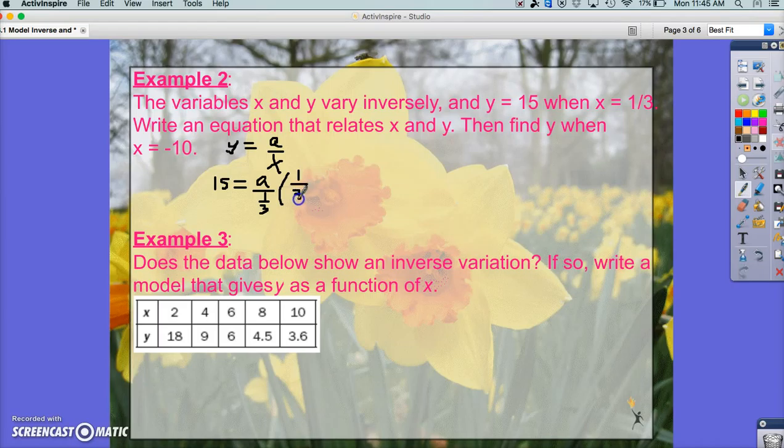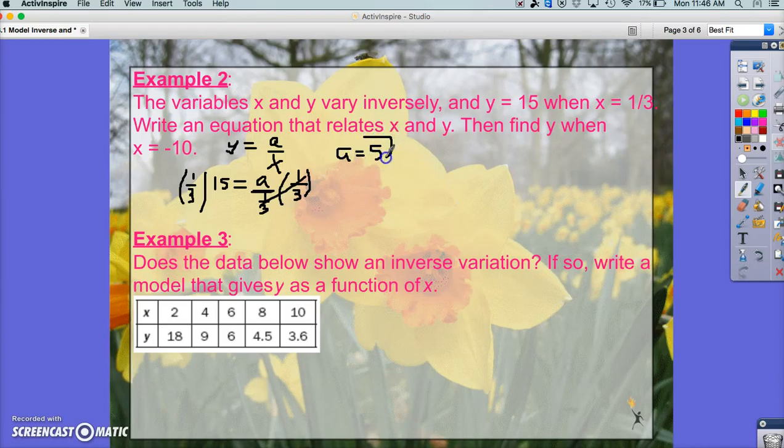We're multiplying the whole fraction by 1/3, both sides, I should say. Once again, that means these will cancel out. It's not reciprocal because there's a big division bar with the 1/3 underneath. Now, 15 times 1/3 is 15 over 3, which is 5. So my a equals 5.